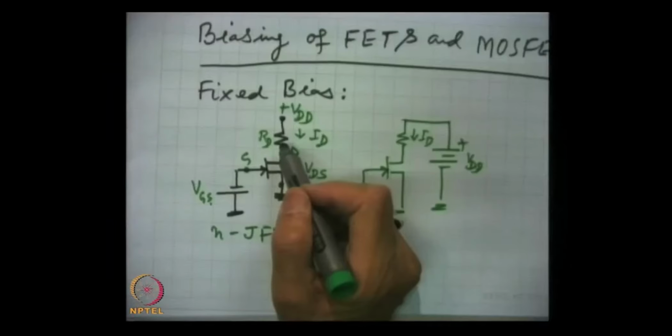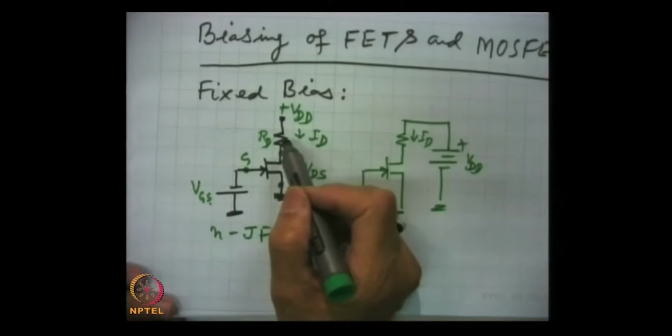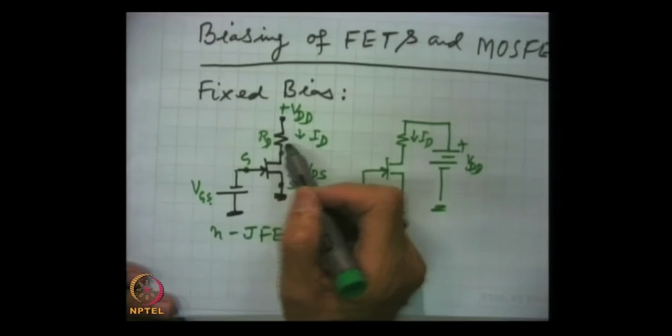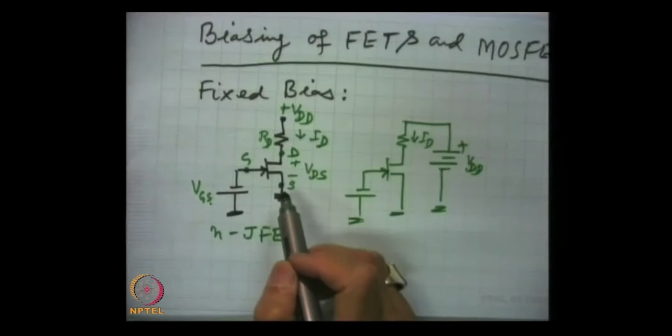This is one reason, which is called aging. And for the same reasons, the value of this resistance for continuous use may change. So, because of this variation, or temperature variations, which are very common in electronic circuits, the characteristics will change.